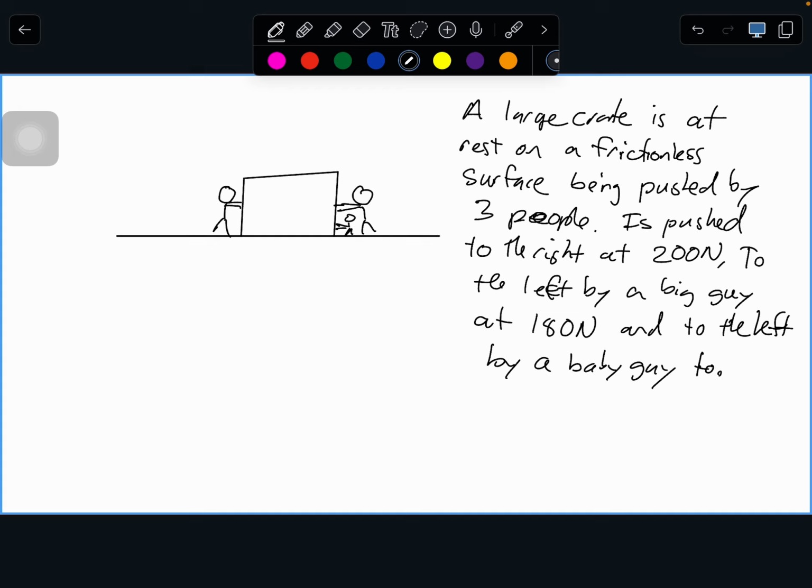Okay, what is the force from the baby guy? So what's the force that little baby guy pushes compared to the other ones?